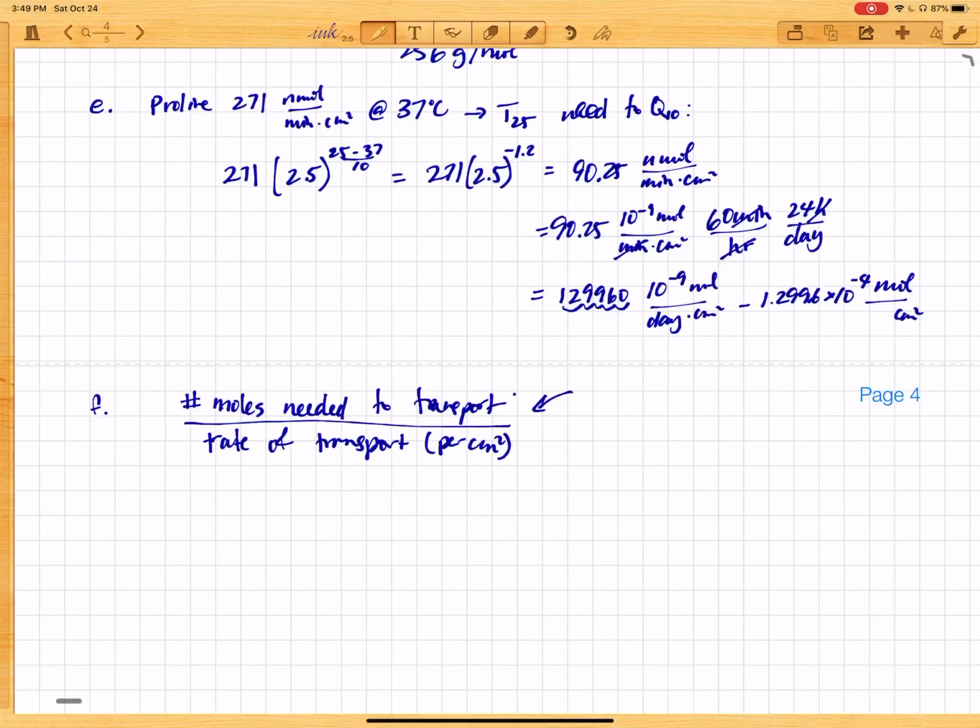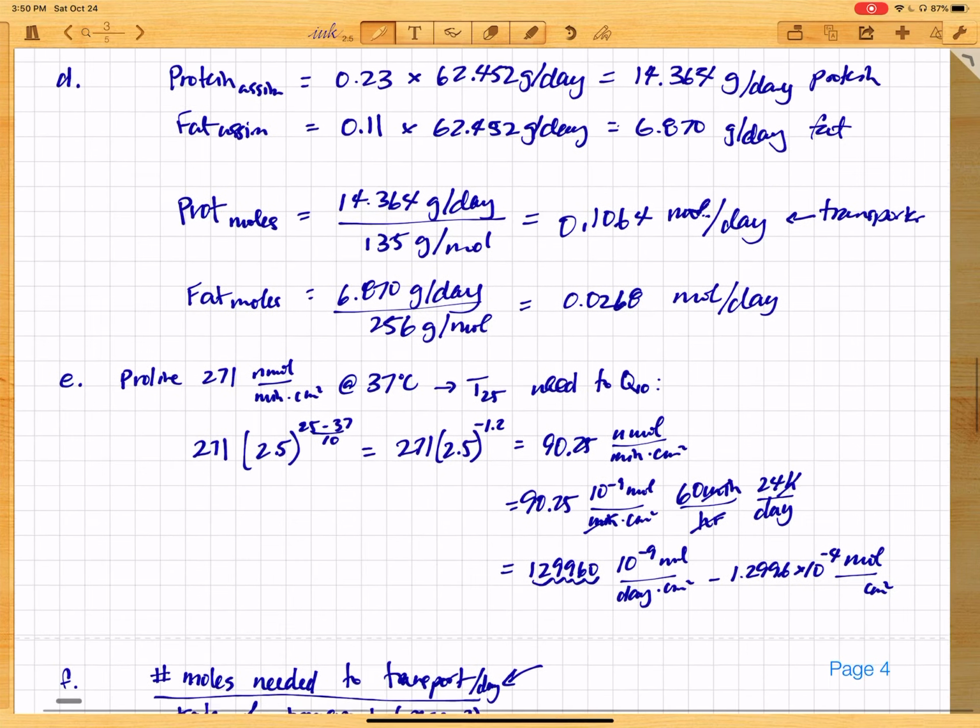Oh, sorry, because this is per day as well. Okay, so the numerator is 0.106399 moles per day, because that's what we had up here.